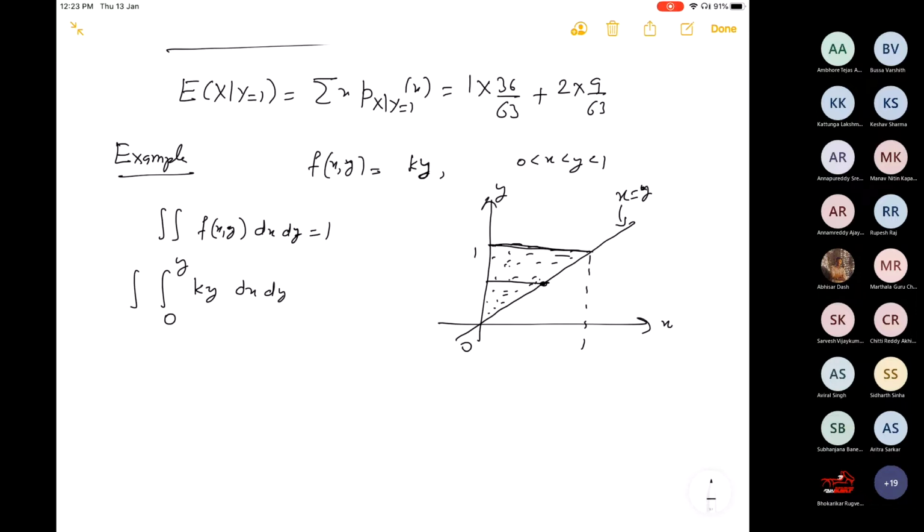Then this region will be complete. So this will be k times the integral from 0 to 1 of y, outside, and integration over x, which is varying from 0 to y, so that gives y squared dy.